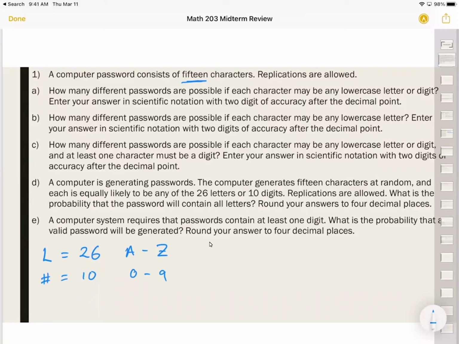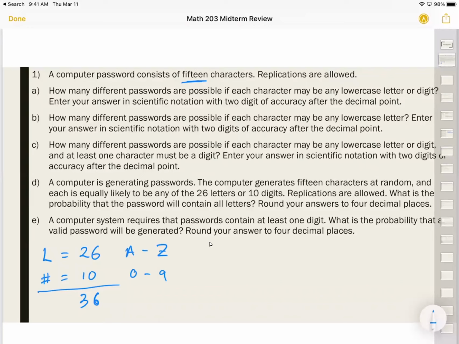At each slot, you can only choose one single digit, from 0 to 9, so we have 10 different single digits. Do you agree that the total number of items we can choose at each particular slot is 36? Because 26 letters and 10 numbers.